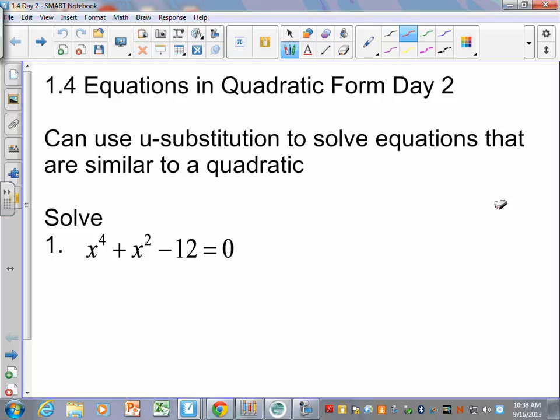Quadratic formula are great ways to solve problems, but you have to be able to put something in to look like a quadratic. And if you remember, a quadratic is when you have ax squared plus bx plus c.